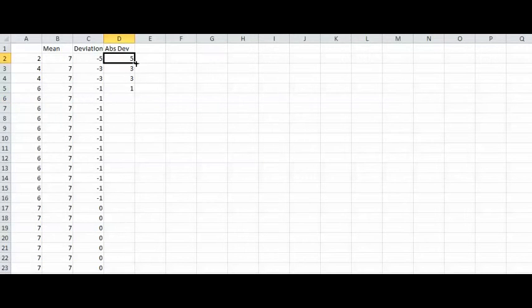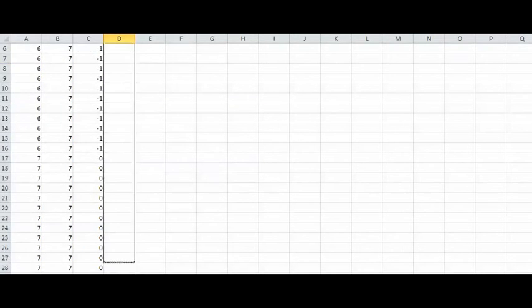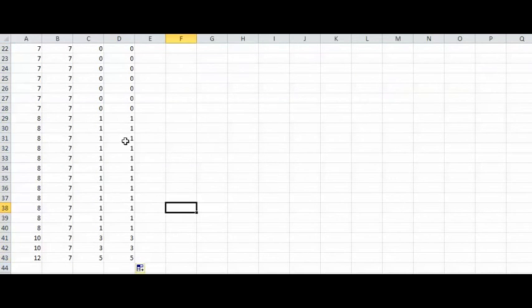And we can get all of the absolute deviations by just dragging this down. So every member of the population has an absolute deviation, which is just the distance from that person's data value to the mean. All of these people who are getting 8 hours of sleep per night are all 1 above the mean of 7, which is why they all have absolute deviations of 1.